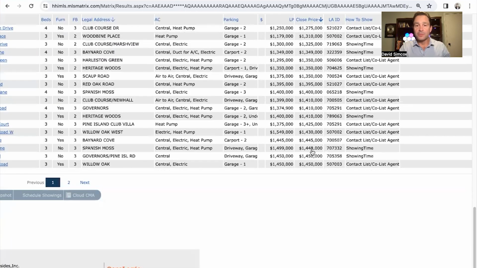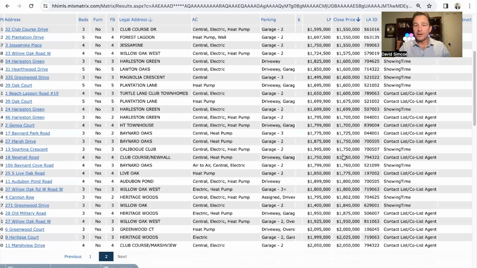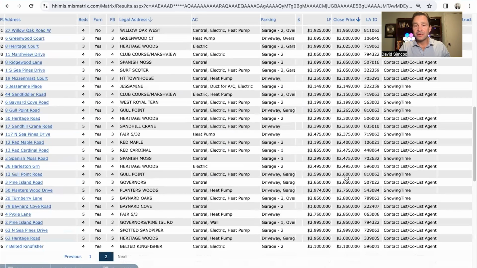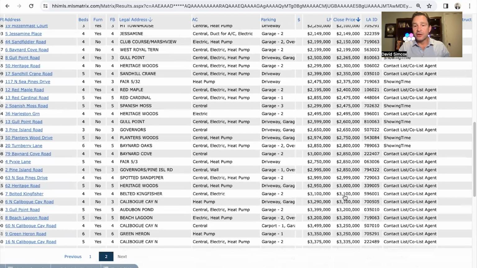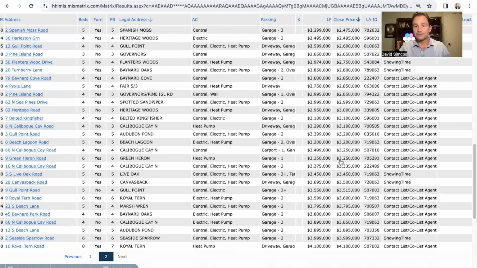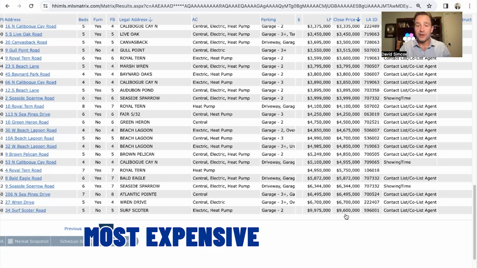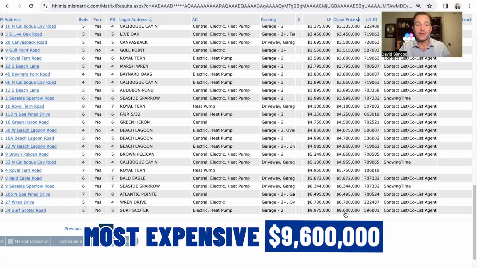Quite a few in the 1 million plus range, and all the way up into the $2 million range. And then down here towards the bottom they start jumping into the $3 million range. There is also a handful of properties in the 4 million, 5 million, $6 million range. And the most expensive transaction in the past year looks like $9,600,000.